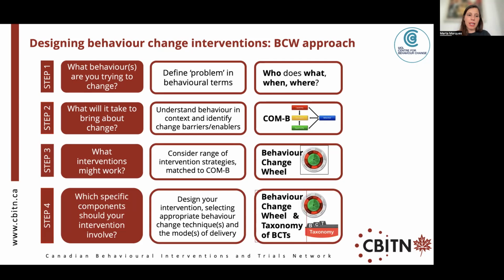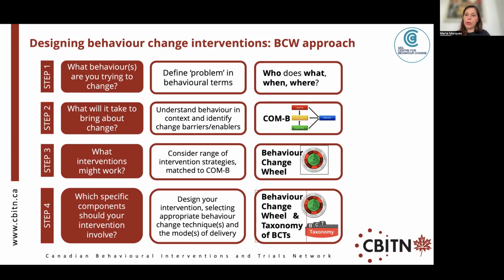And the last step, which is linked with step 3, is to go into more detail, at a more granular level, to identify and select the specific behavior change techniques that you will use in practice and how you will deliver them. For this, in addition to the behavior change wheel, we also use the taxonomy and, more recently, the ontology of behavior change techniques, and also classification systems of aspects such as the mode of delivery of behavior change interventions.